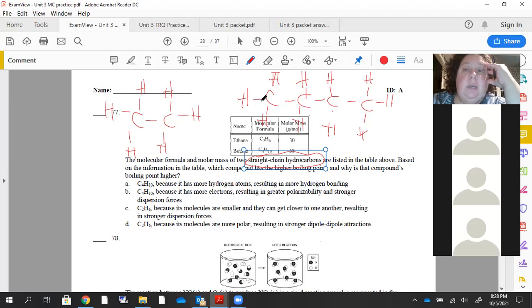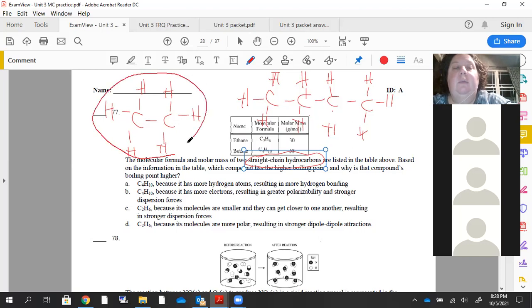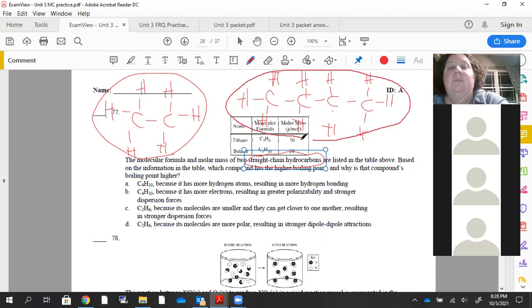So the only thing that we can compare is their London dispersion forces. So we got to talk about polarizability. I know, it's your favorite. The ethane with those 2 carbon chains has a certain surface area. Butane with the 4 carbon chain is going to be a larger molecule with more surface area.